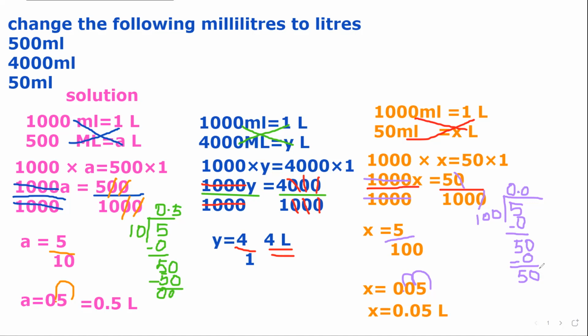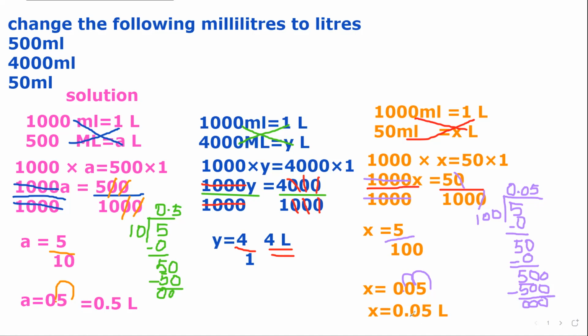The same point will still add 0 to this one here, making it 500. It's now possible that the 100 can share the 500. So 100 sharing 500 is 5. Okay, good. To confirm whether after sharing this there's going to be a remainder, use the 5 to multiply the 100. 5 times 100 will give you 500 here. Then when you subtract this 500, you get 0, 0, 0. Now it's obvious that the answer here is what?